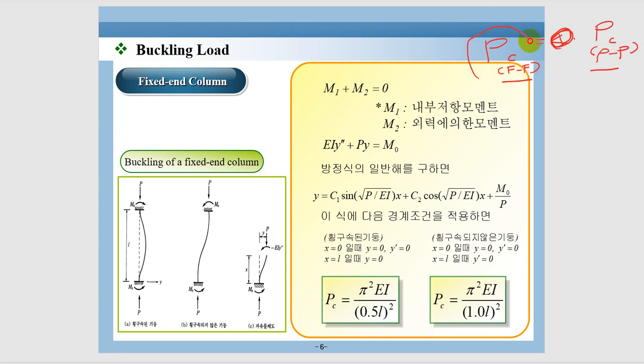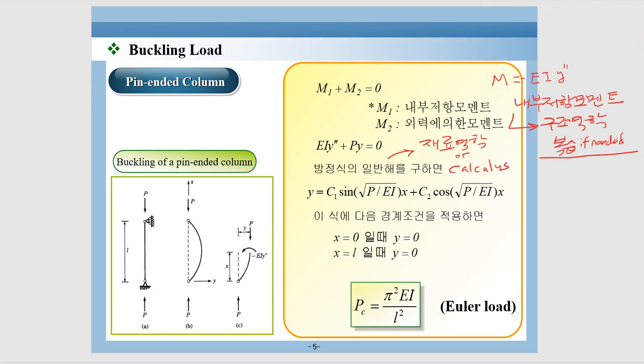So this is B1. Okay. So what happens here is if you have the pin conditions, the entire column buckles from the beginning to the end. The entire column buckles from here to here.